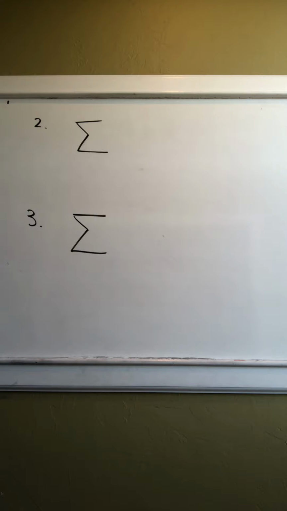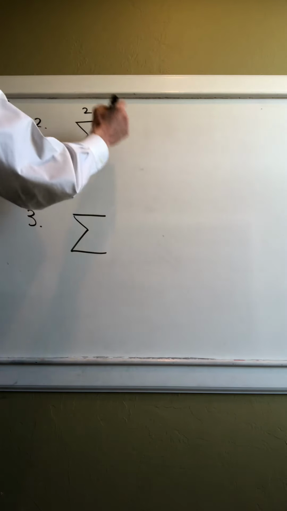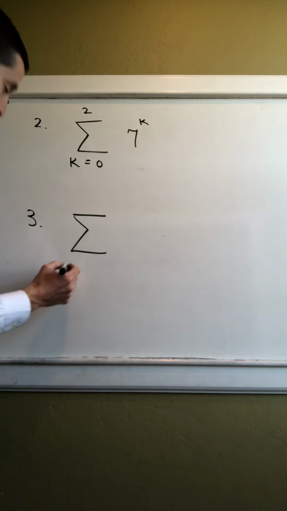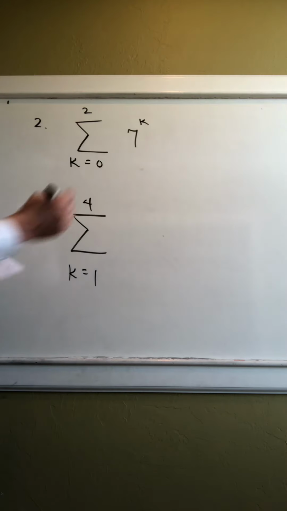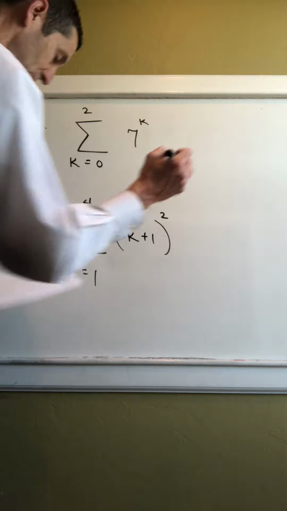Here we go. Let's back this one up. k equals 0 to 2, and we'll do 7 to the k power. k equals 1 to 4, and how about (k plus 1) squared?